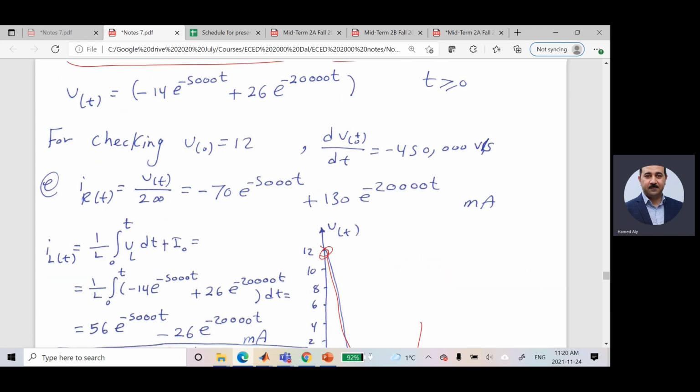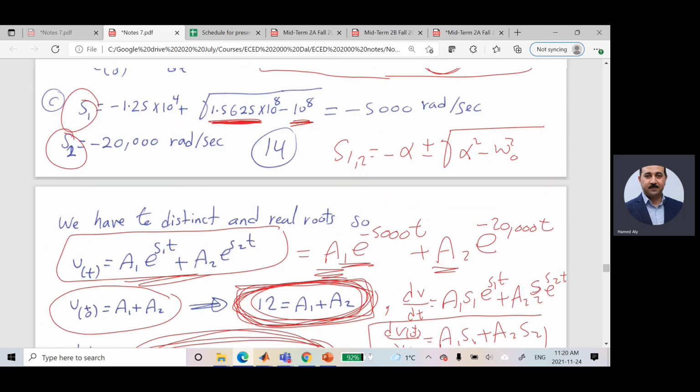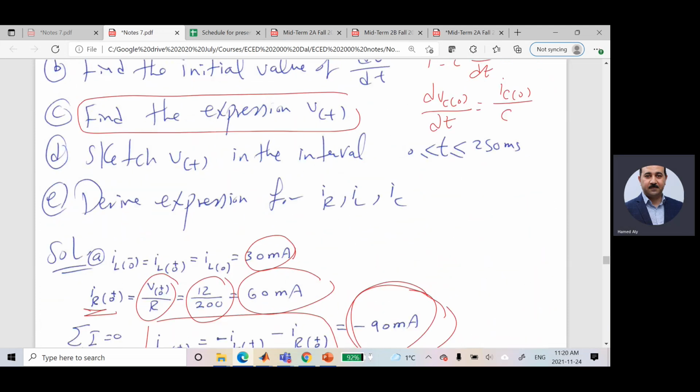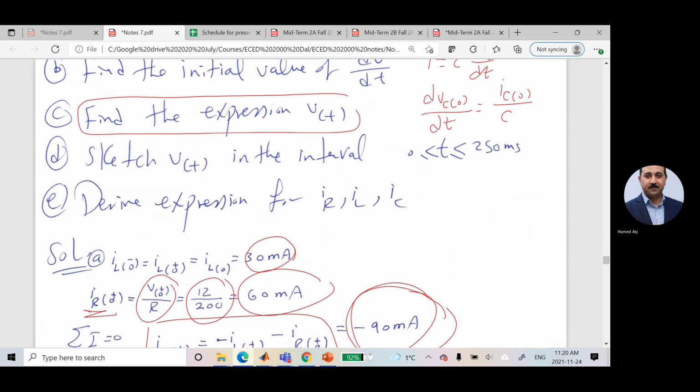I asked you to plot it between 0 and 250. So you will put t equal to 0, t equal to 250, and t equal to 100, for example. And then connect these 3 points, and this is a curve. It is not a straight line, right? So don't draw a straight line. Draw a curve connecting these 3 points.